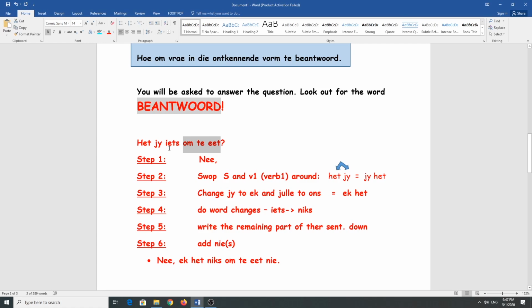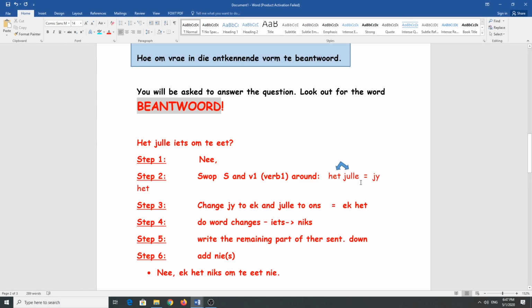So, if I change this jy to julle, which is also you in English, but meaning more than one person, then you are going to do the same thing: write down nee, and swap the julle and the het around, so it will become julle het.